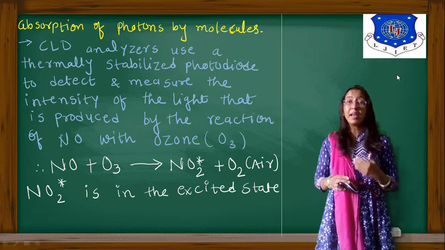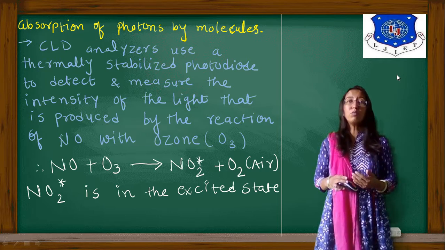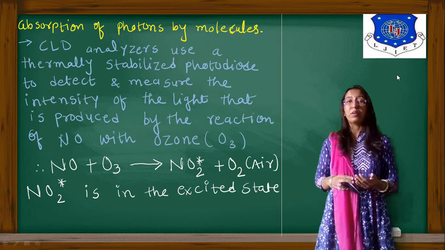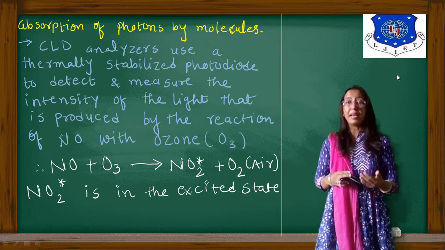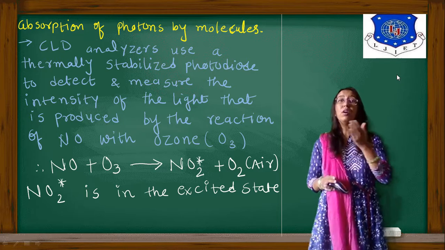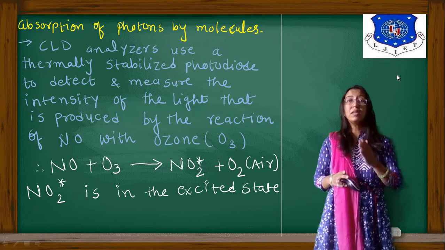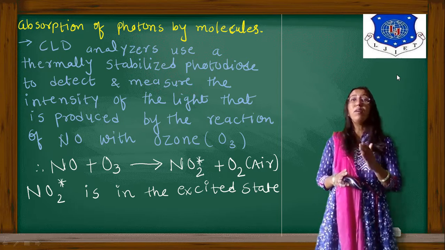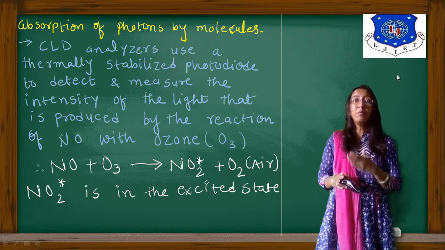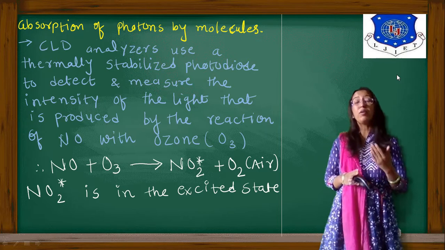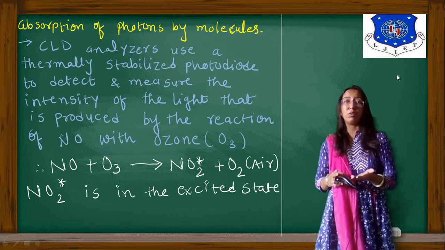CLD analyzers use a thermally stabilized photodiode to detect and measure the intensity of light produced by the reaction of nitrogen oxide with ozone.